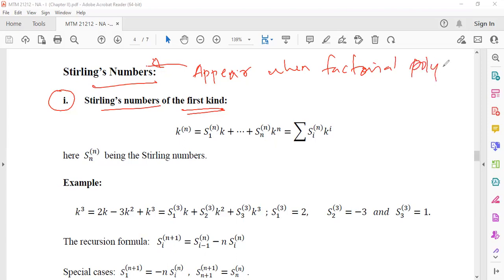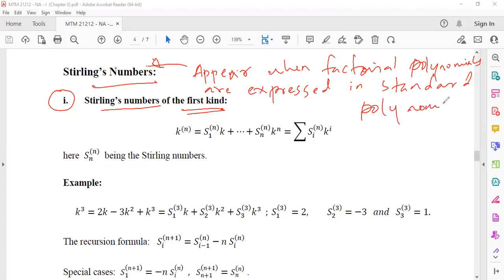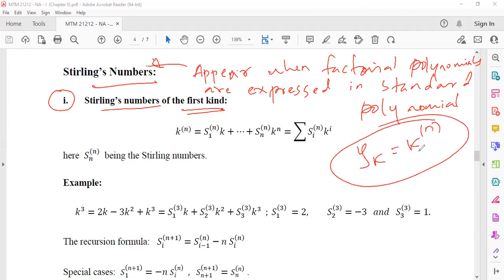What the Stirling numbers are used for is, you can write here, this kind of number system appears when factorial polynomials are expressed in standard polynomial. Okay, standard polynomial. As we know, we have y_k equal to k to the power n. This is our factorial polynomial.